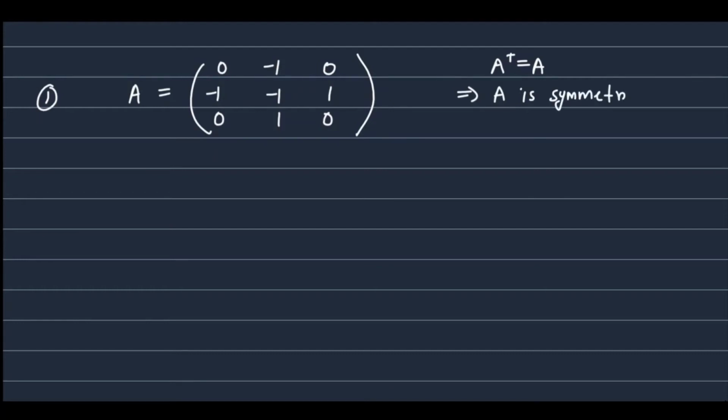So here A is symmetric, so our procedure is simple. Now we have to find the eigenvalues. So find the characteristic equation and find the eigenvalues.